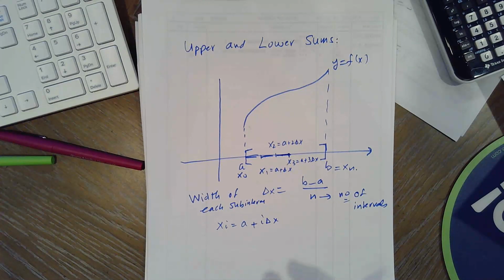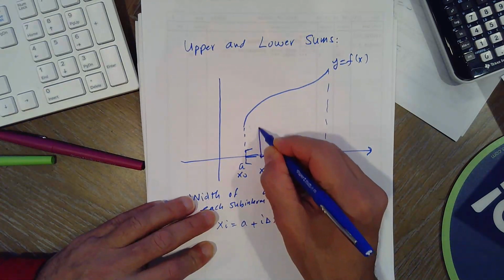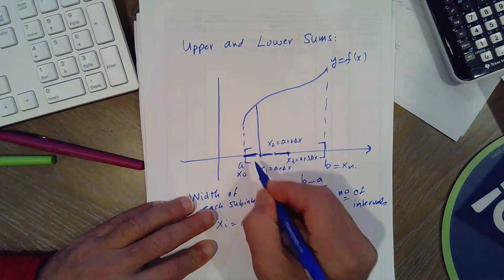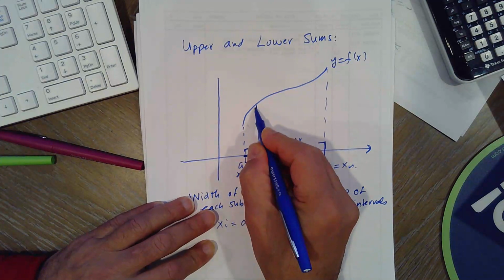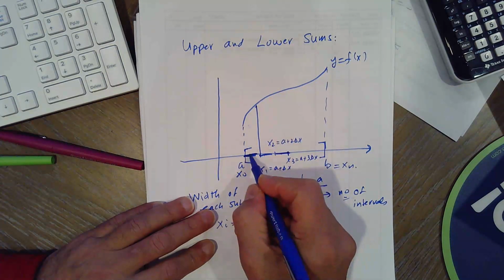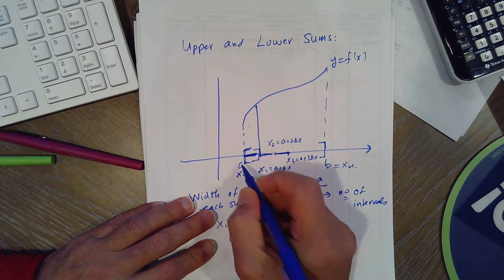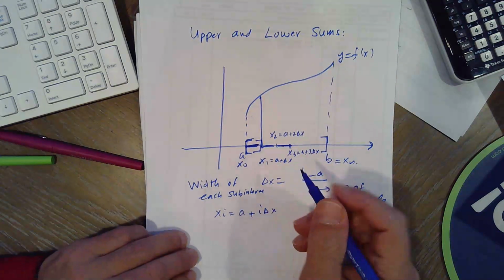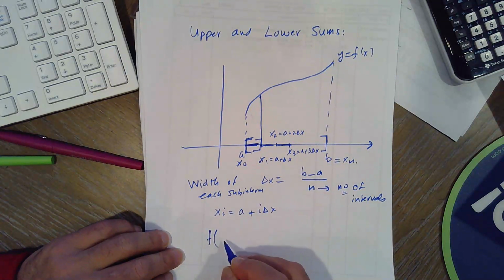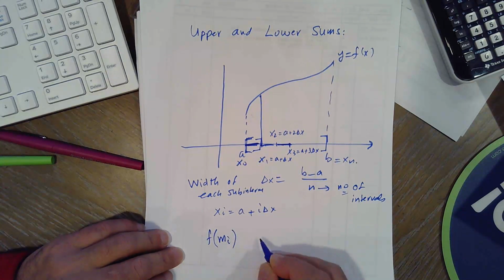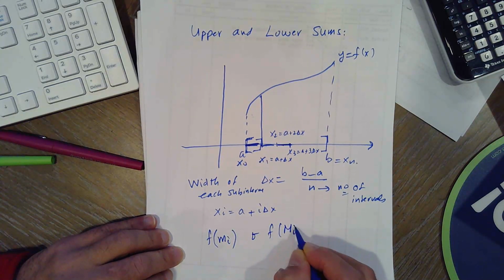Okay, so if you take each subinterval, like x0, x1, the function is continuous and the interval is closed. That means there's a maximum and a minimum on each subinterval. So there's f of mi and f of Mi on each subinterval.